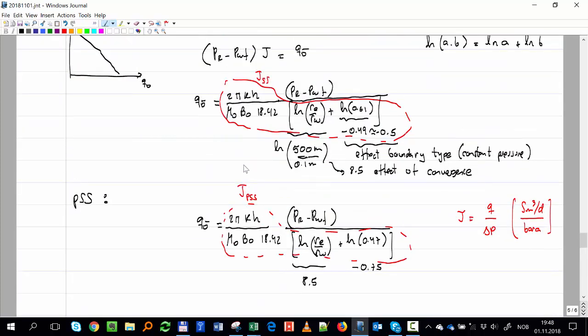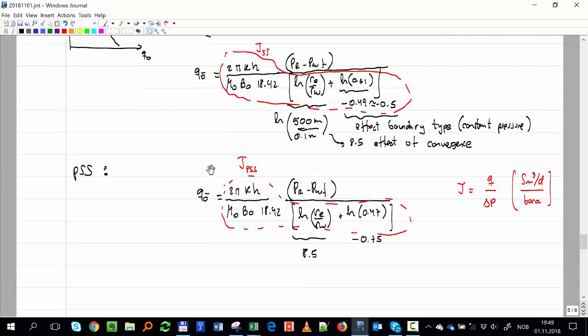If you come and you ask your petrophysicist, you ask someone in the company to give you all of this information, you can compute J, and you can say, theoretically, your well is going to produce that much. And you go and test it, and actually it doesn't produce that much.